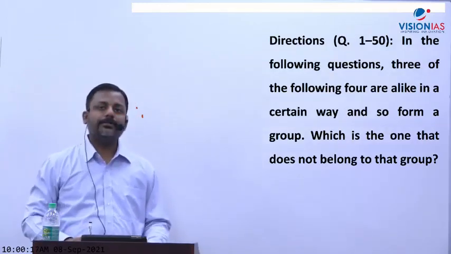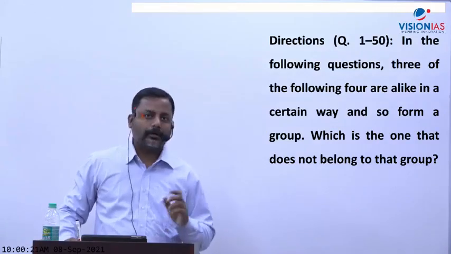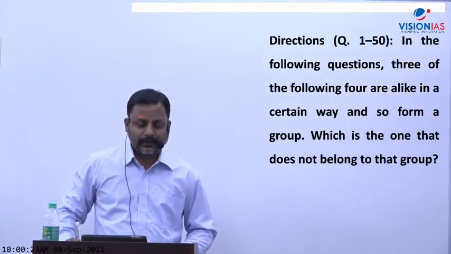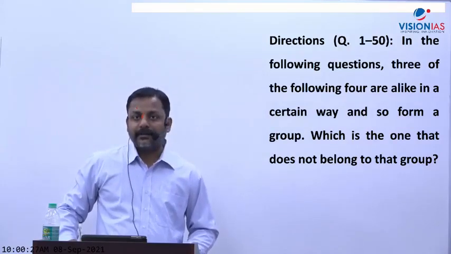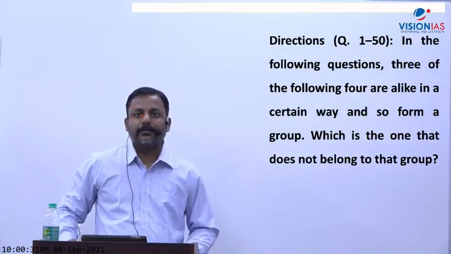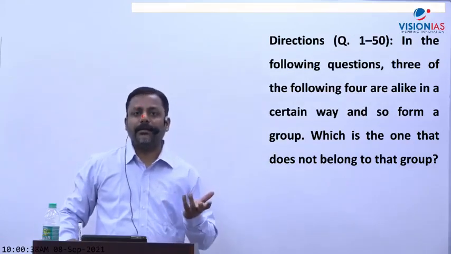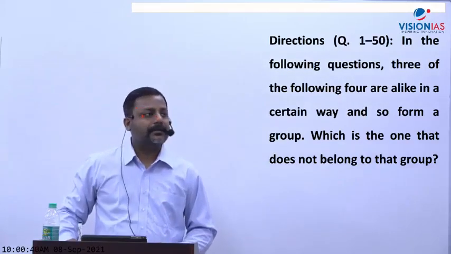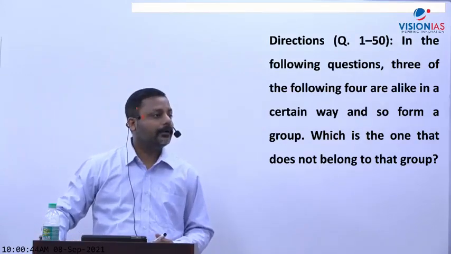Here 4 options will be given and we need to identify the odd one. Basically the other name of this topic is odd one out. Or you can say the cases of similarities and differences as well. So here 4 options will be given, out of which 3 are in some or other way similar and they form a group.